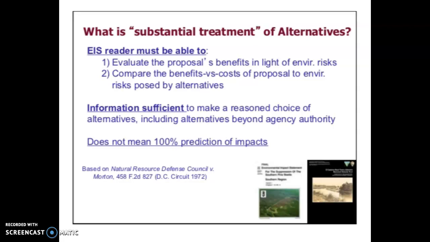So the idea is that we're willing to have some type of environmental risk because we're going to get some type of benefits, and so we need to clearly define what those are within the EIS. This does not mean we're going to have 100% prediction of impacts, which we'll discuss a little bit later when we're talking about more of the legal ramifications.